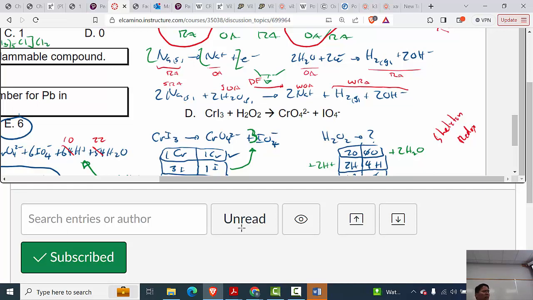The last one is a skeleton redox. When I look at something like this, I can see what's going on with chromium-3 iodide. This is the chromium +3, and then we have I-.